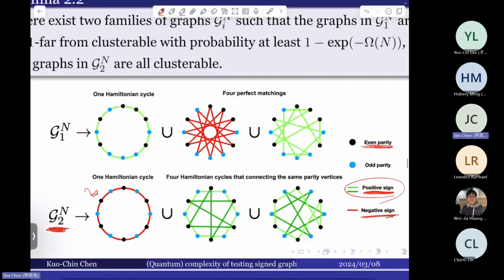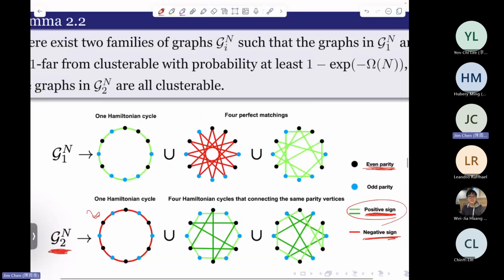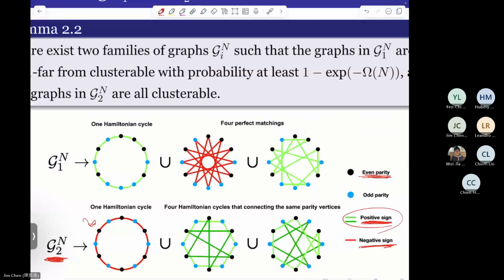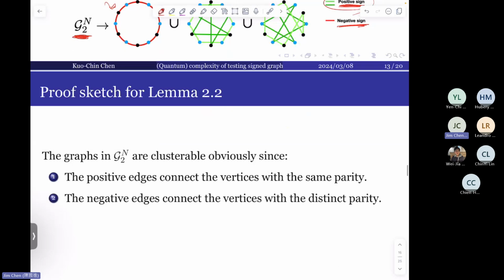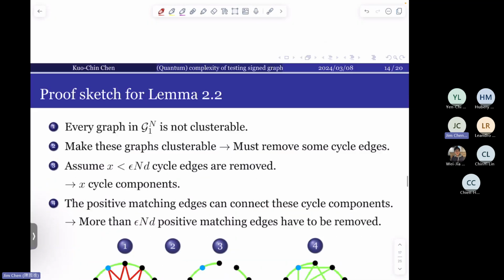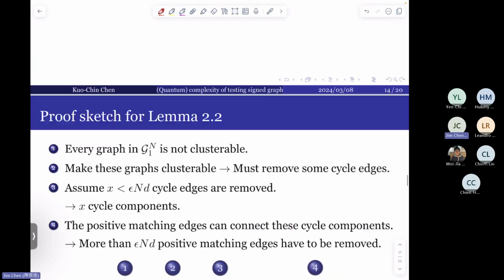Okay, so for G1, we would like to show why the graphs in G1 are far from clusterable with a very high probability. That was the proof sketch for why the graphs in G2 are clusterable.